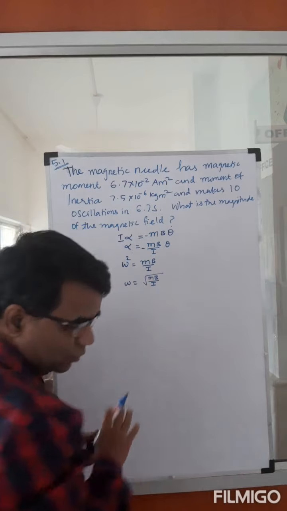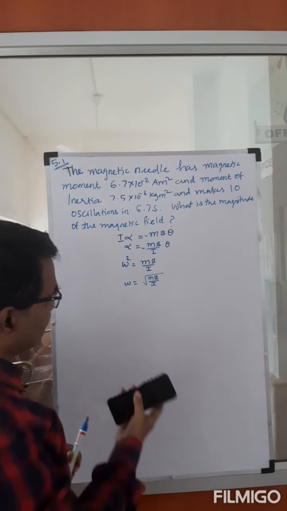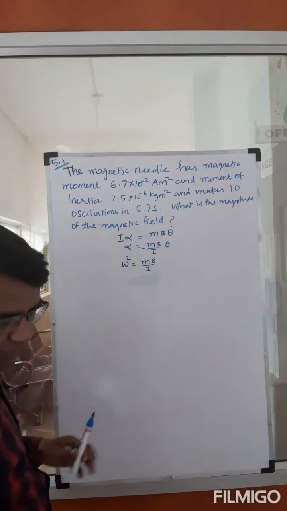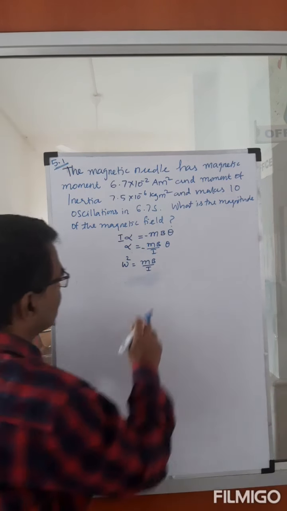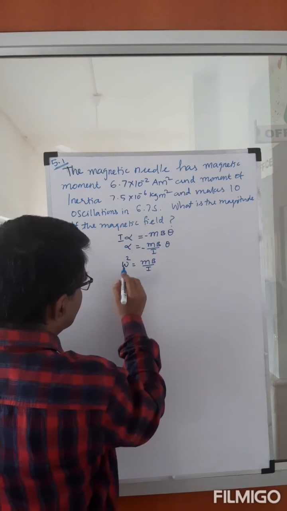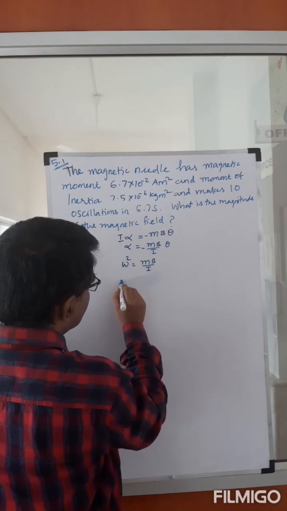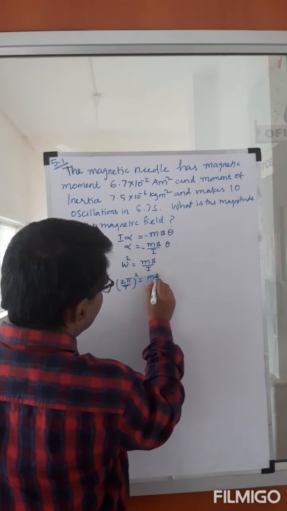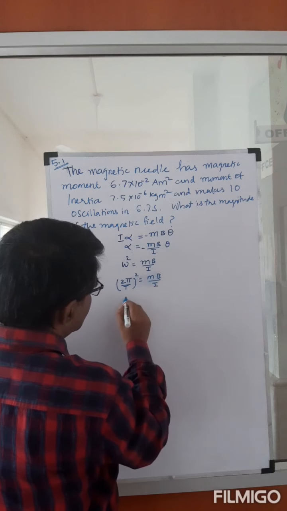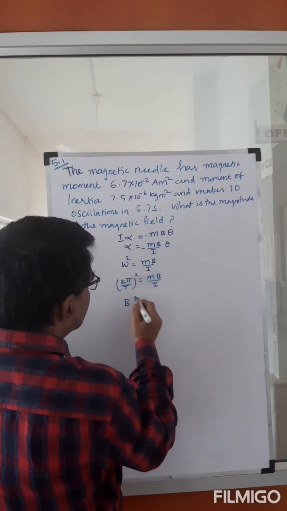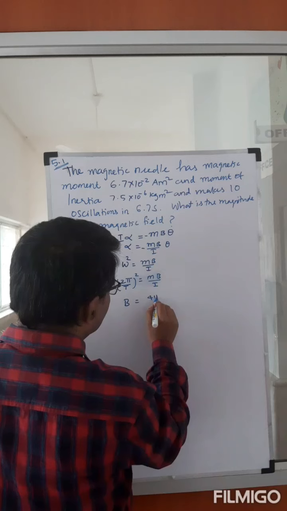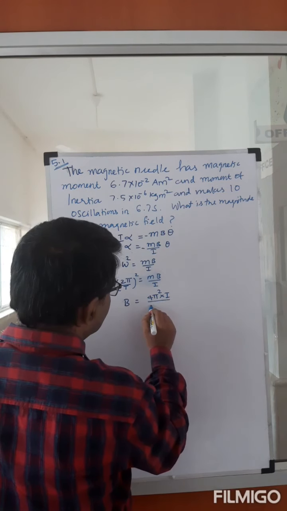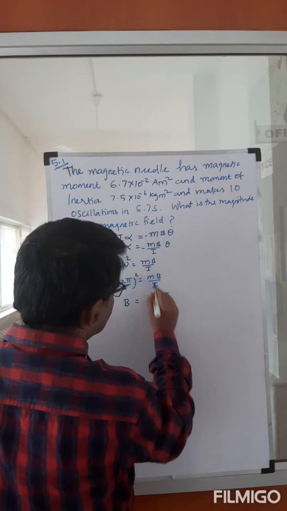I don't even have to do this. I can go straight away from this expression. They want B, the strength of the external magnetic field. So what is omega squared? Omega is 2 pi by T, the whole square is equal to m B by I. So B is equal to 4 pi square I divided by m T square.